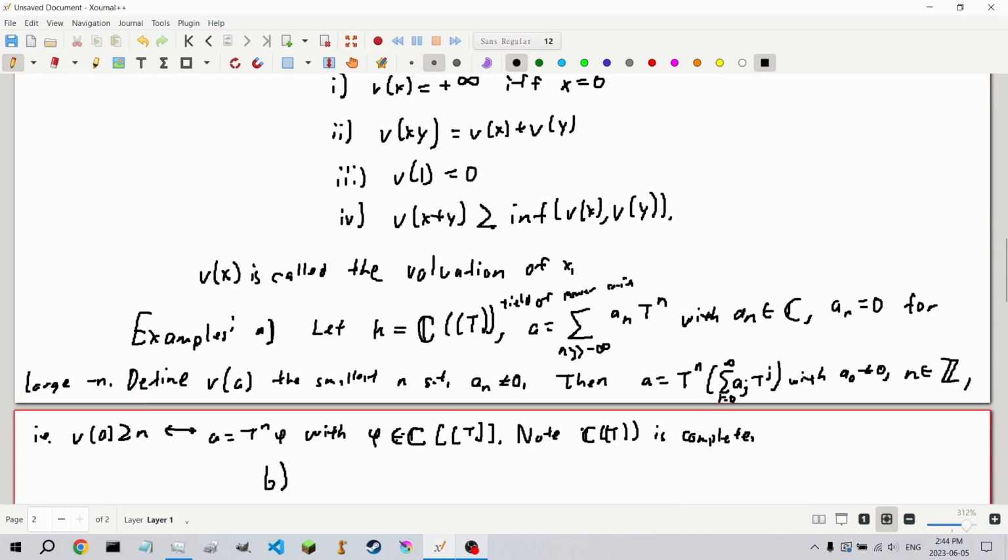The second is we're going to let Q be the field of rational numbers, and we're going to choose a prime number p.